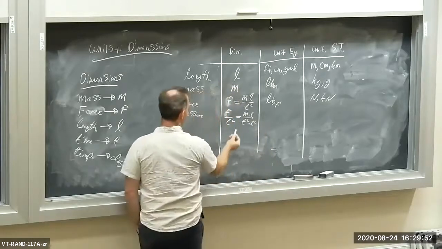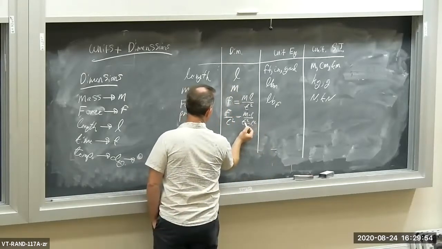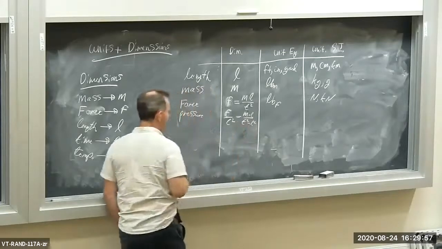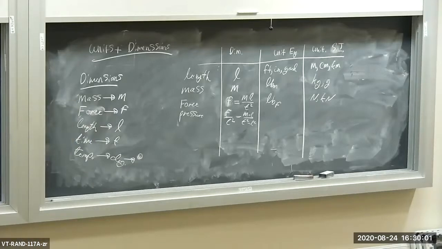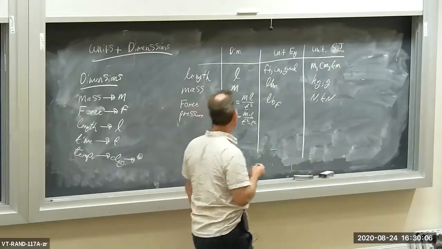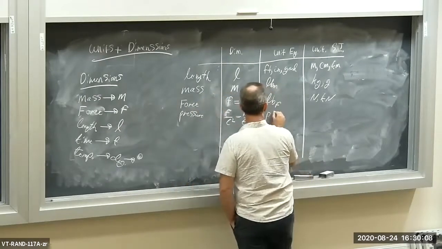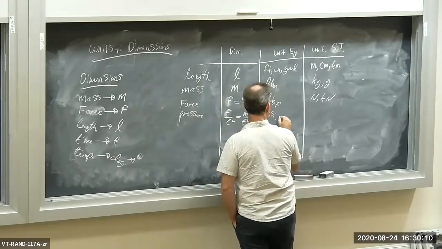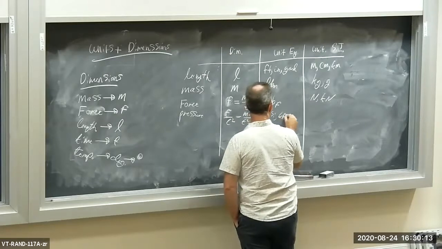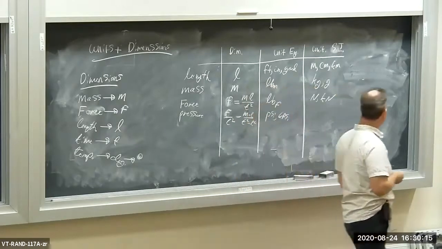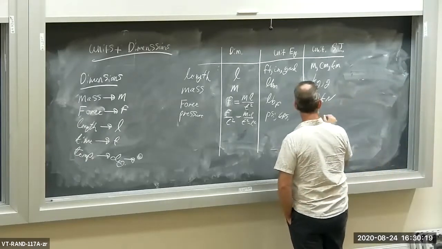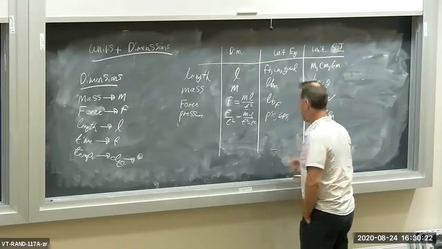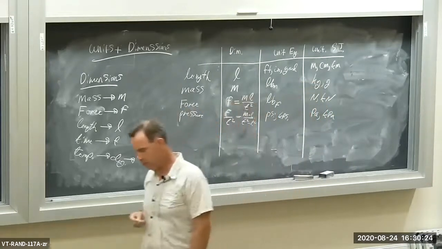The dash here means M L over T squared, divided by L squared. It doesn't mean negative. It's just a dash, not negative. Units of pressure, in English, PSI, pounds per square inch, or kilo-PSI. And then, of course, we have pascals, or kilopascals in SI units.